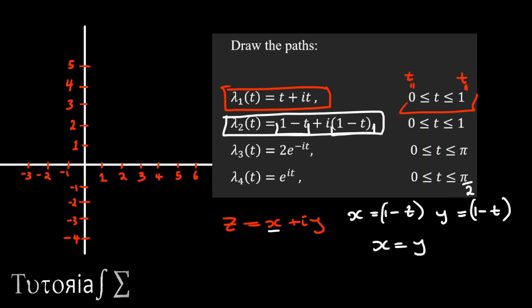Again, if we did not have limits, the equation x equals y is that line. But we have limits, so we need to follow those limits. Let's consider the limits here.